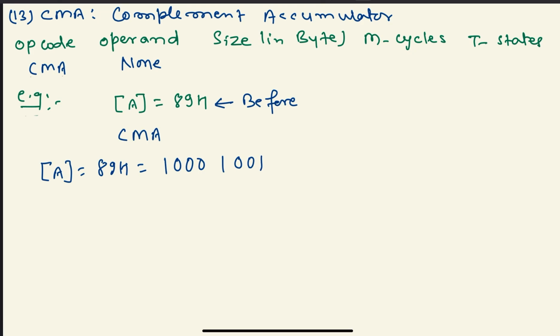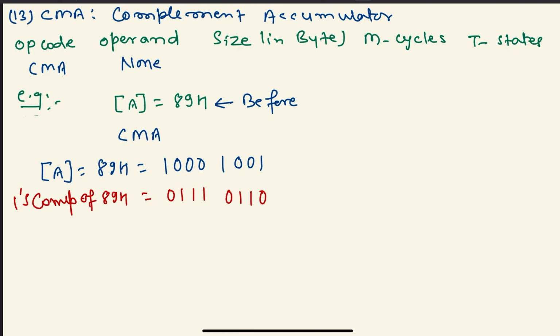Now we need to find the ones complement of 89H. The ones complement will be: every 1 changes to 0 and every 0 changes to 1. So we can write 0110 and then 0110.